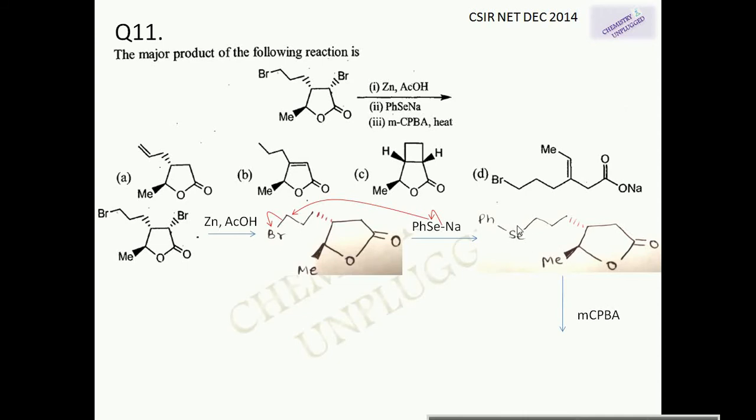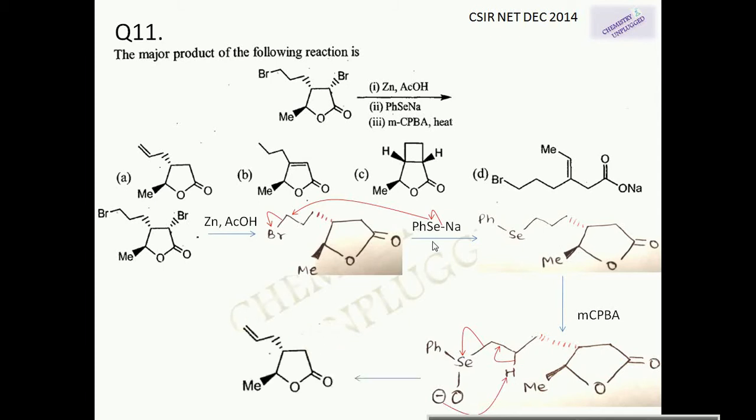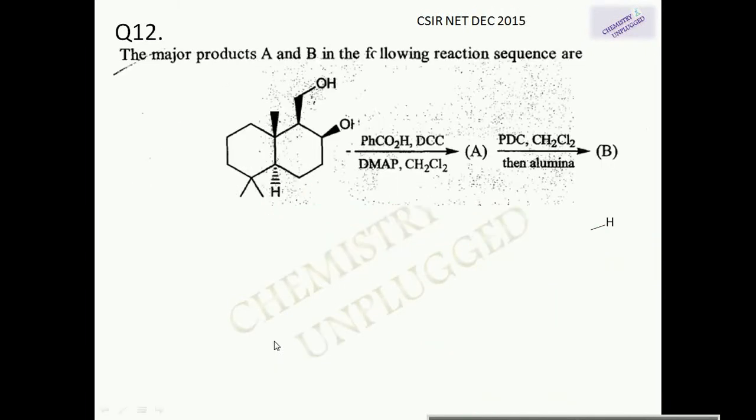So it will first convert it into a selenoxide, and in the next step, the beta hydrogen atom, this bond will break and this bond will shift to selenium, and this O minus will attack the H. So it will be removed as PhSeOH, and we have one double bond here. So this will be the final compound.